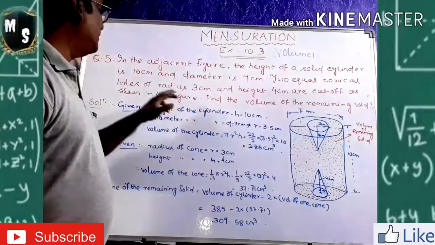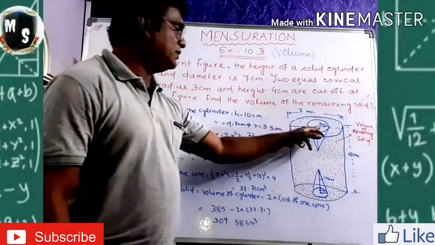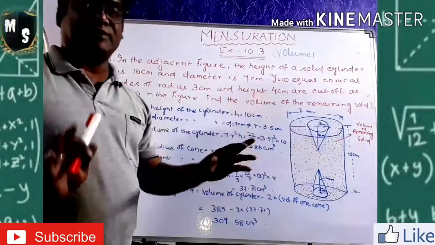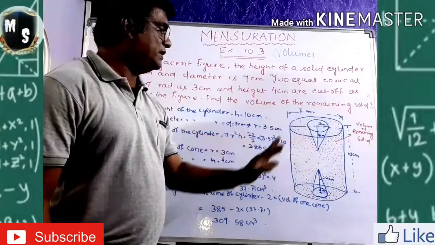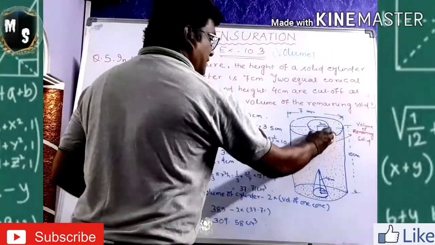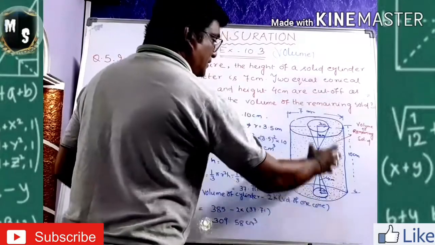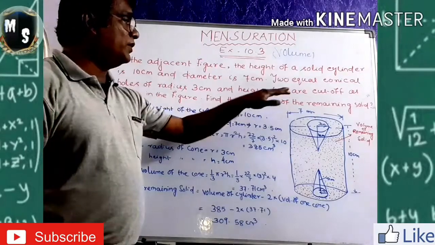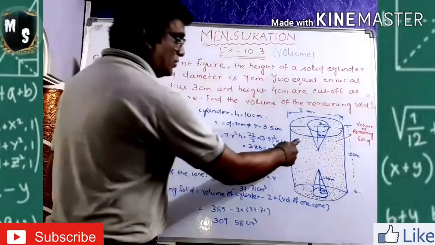The dimensions are given to you. The radius of the cone is 3 centimeter and the height is 4 centimeter, the actual height. Clear? You are just cutting off this shape from the cylinder, as shown in the figure. Find the volume of the remaining solid. So now you see the red dot marks.